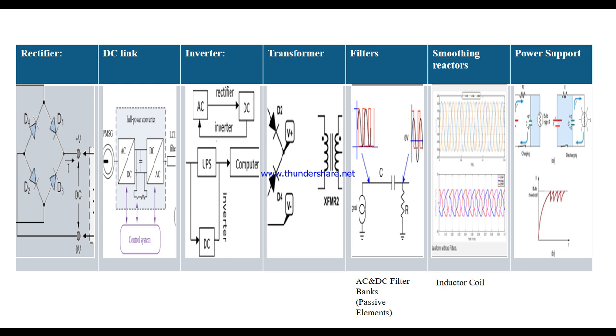The inverter converts DC to AC for the other grid, and the transformer provides voltage matching and isolation. We also implement filters to reduce harmonics generated by the converter, smoothing reactors to minimize ripples, and shunt capacitors to provide voltage support and other reactive power devices.